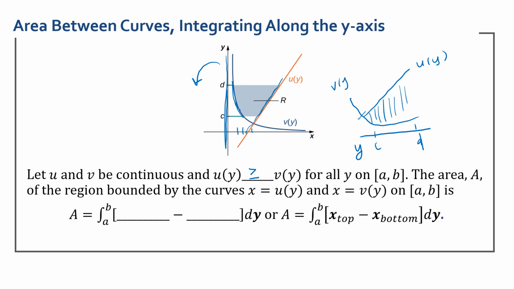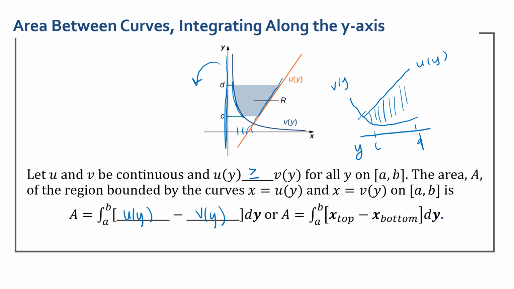The area A of the region bounded by the curves x equals u of y and x equals v of y on the closed interval from a to b is the integral from a to b of u of y minus v of y with respect to y, or the area equals the x on top minus the x on bottom with respect to y.